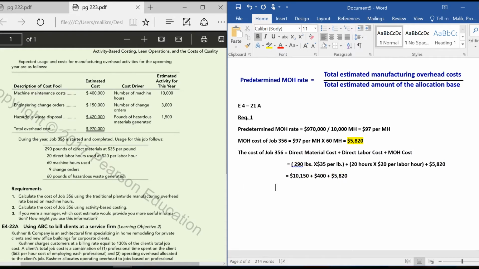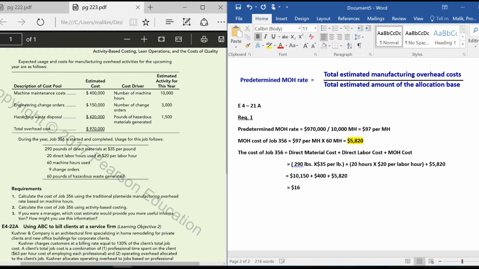Now, if you add these three, your total cost is 10,150 plus 400 plus 5,820, which gives me that the total cost of job 356 is $16,370.